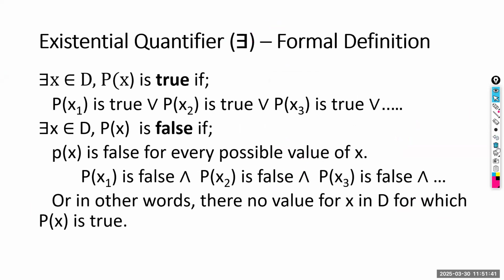So this is the formal definition. Exists x in domain D, P(x) is true if P(x1) is true or P(x2) is true or P(x3) is true, and so on, until P(xn) is true. And it is false only if P(x1) is false, and P(x2) is false, and P(x3) is false, and so on.